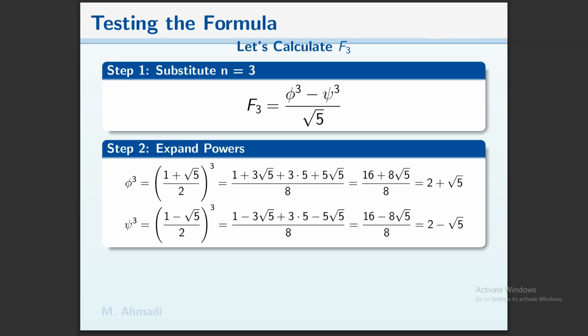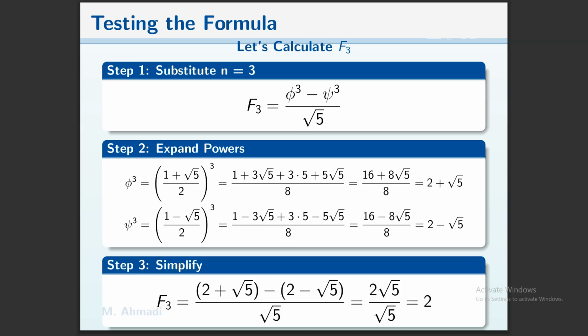Phi to the 3 equals (1 plus square root of 5 over 2) to the 3, which equals 16 plus 8 times square root of 5 over 8, which equals 2 plus square root of 5. And psi to the 3 equals (1 minus square root of 5 over 2) to the 3. After simplification, psi to the 3 equals 16 minus 8 times square root of 5 over 8, which equals 2 minus square root of 5.